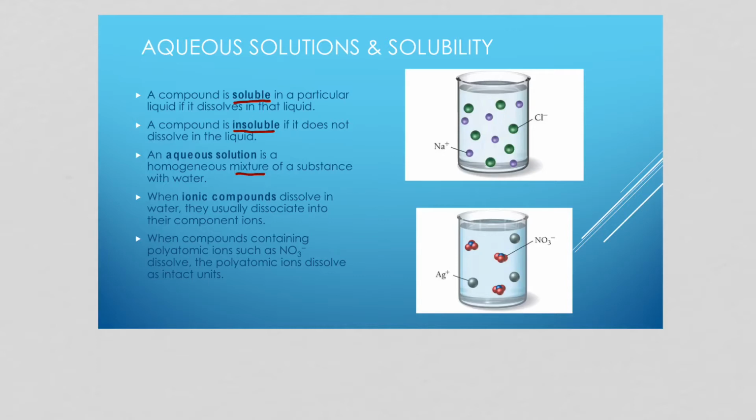So when an ionic compound dissolves in water, one of the things we have to understand is that it will break back down into its component ions. It does what we call dissociate.